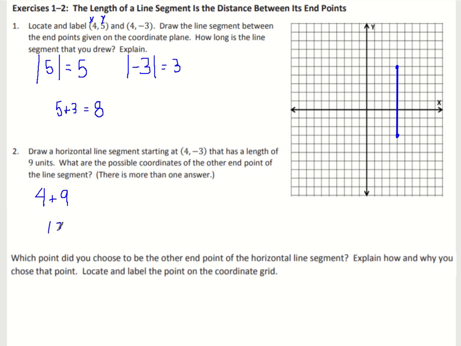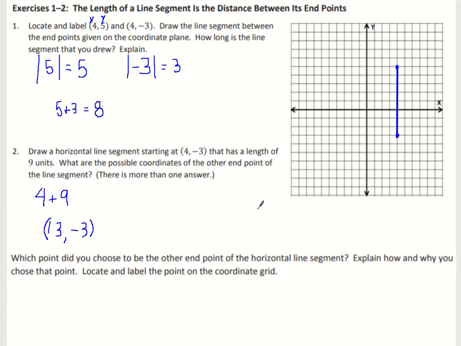That's going to give us 13. And my y-coordinate isn't going to change at all. So my x-coordinate becomes 13, but my y-coordinate stays the same. It's going to stay as -3. So one of my possible points is going to be 13, -3.